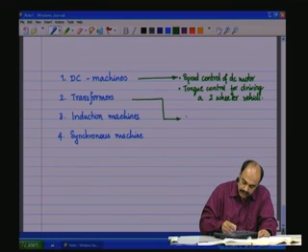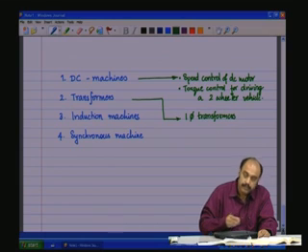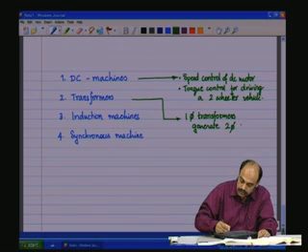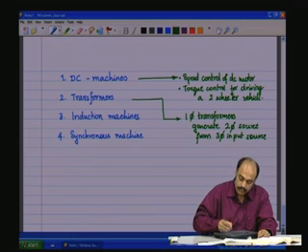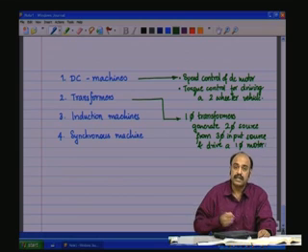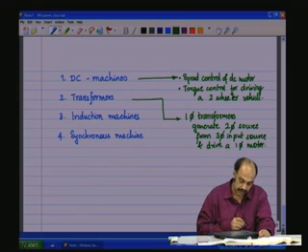That is, we take single phase transformers, generate two-phase sources from a three-phase input source, and drive a single phase induction motor or an AC motor. That would be an interesting application.